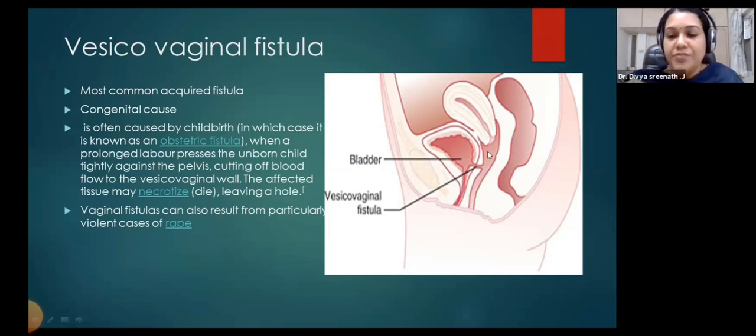Then insert methylene blue dye into the bladder and check whether these swabs gain the blue color. Then we can easily diagnose the vesico-vaginal fistula, and also see which area is affected, whether the middle part or the upper one third.